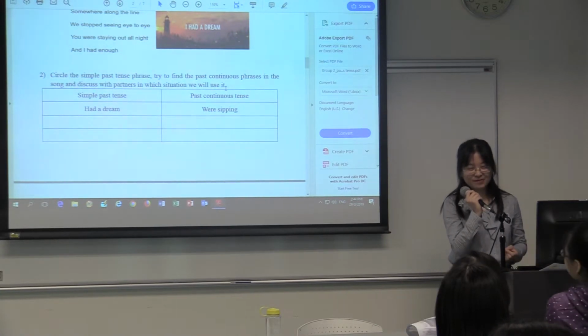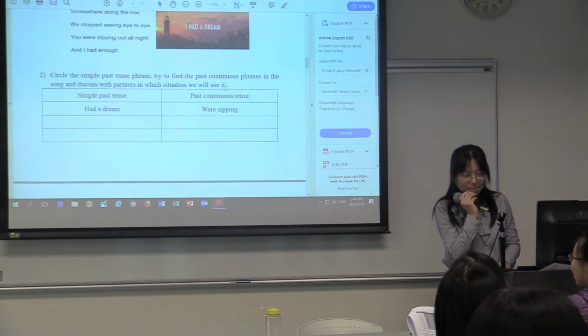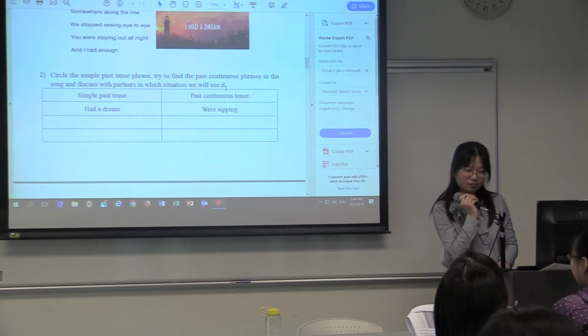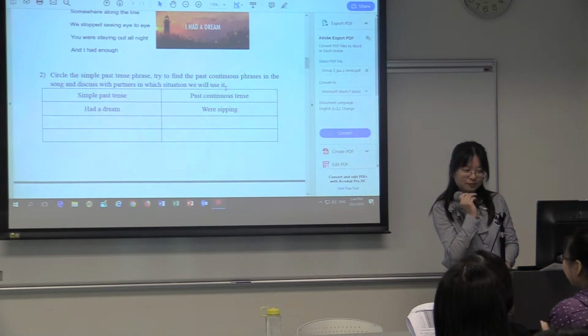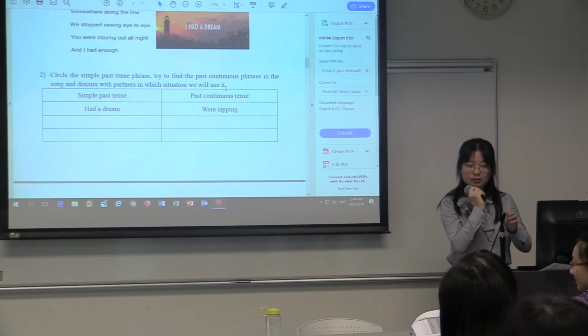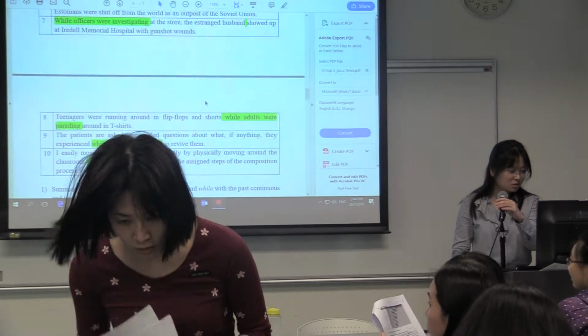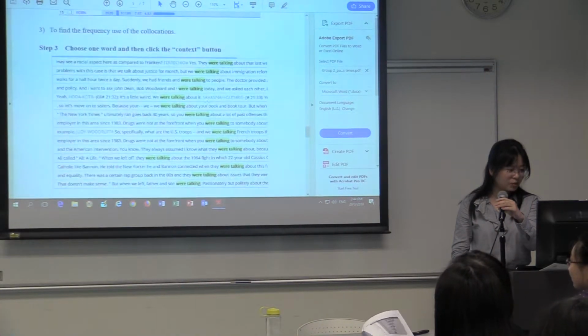But I feel that there's not much of a communicative purpose for this pair activity because, okay, I found 10 sentences and you found another 10, so I can read it and then that's it. It seems like not much of a task. Yeah, but could you please show that part so that all of them can follow? Oh, okay. It's after step 3. It is this one.